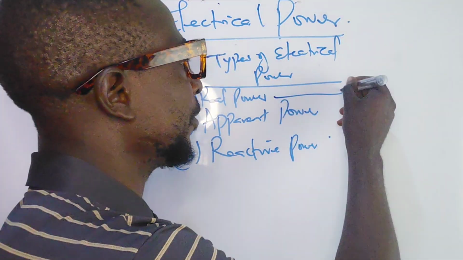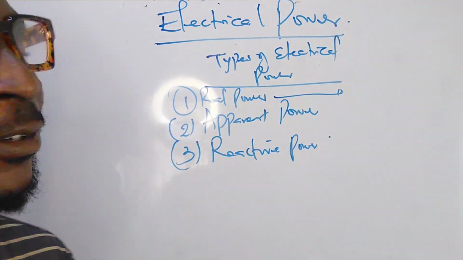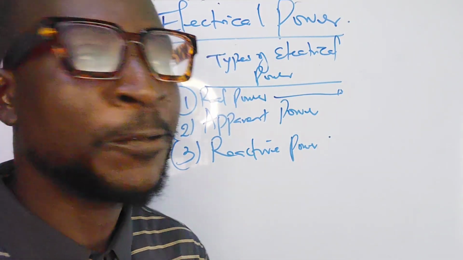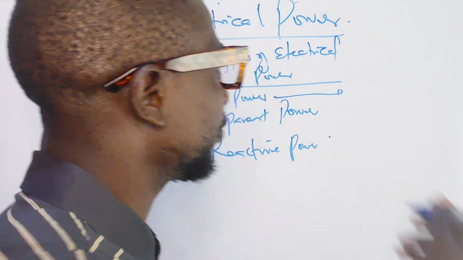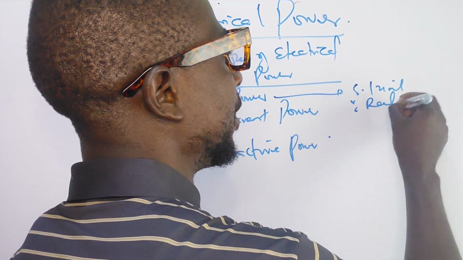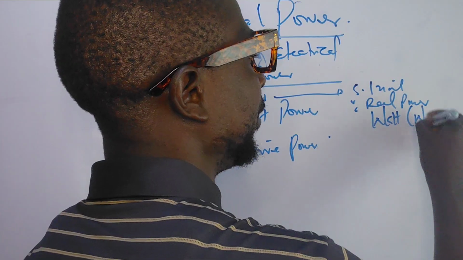What is real power? Real power is the power that does the actual job in an electric circuit. The power that does the real job in an electric circuit is called real power. The SI unit of real power is watt, which is W for short.